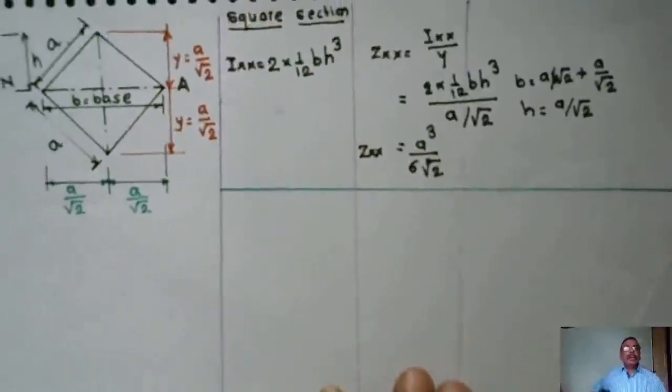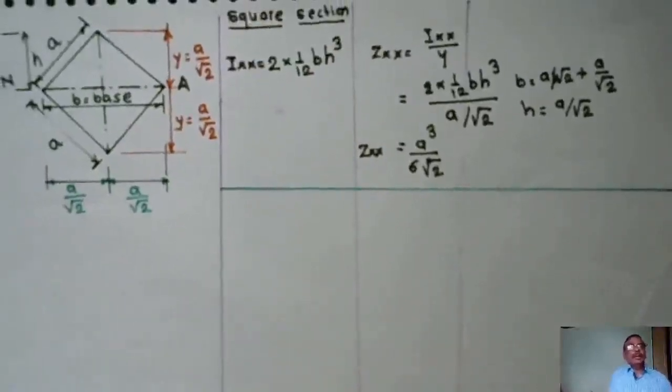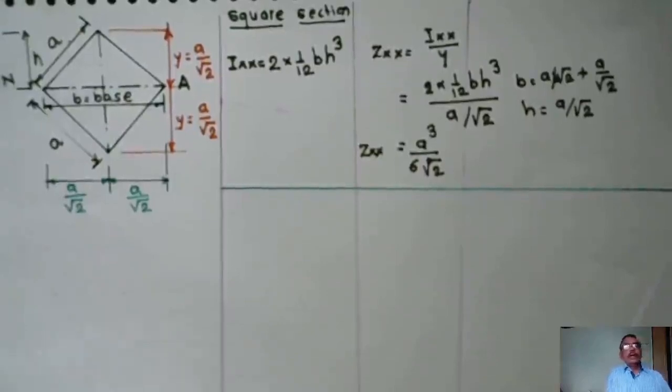Next, the square section placed in an inclined manner. In that case, a is the side of the square. So y we have shown here as a upon root 2. If we consider the neutral axis here, it becomes 2 triangles, this one triangle and this another triangle, and this base neutral axis is the common base for both triangles. That's why Ixx is equal to 2 into 1 by 12 bh cube.